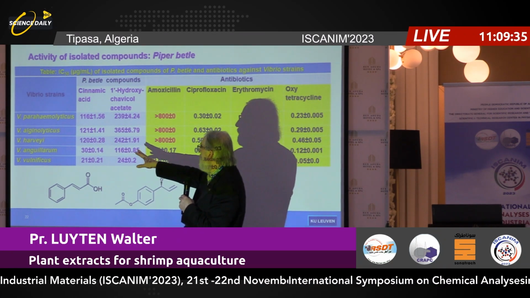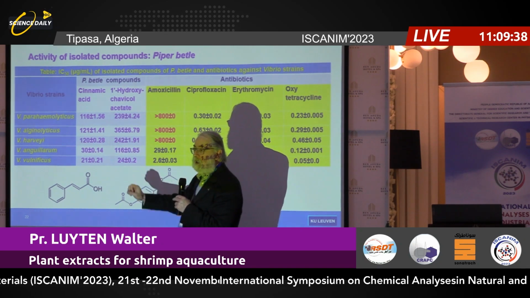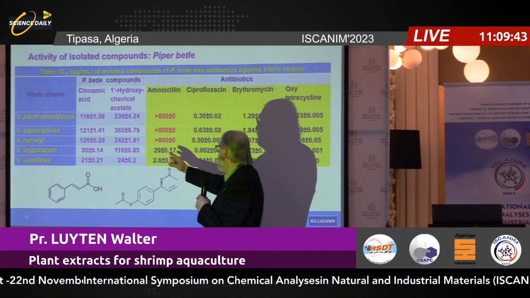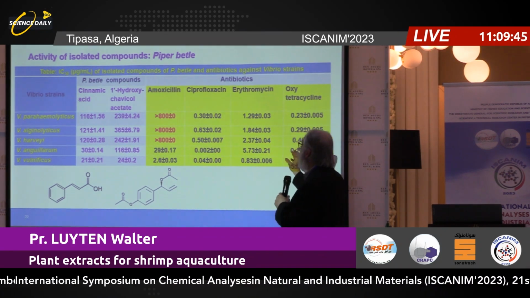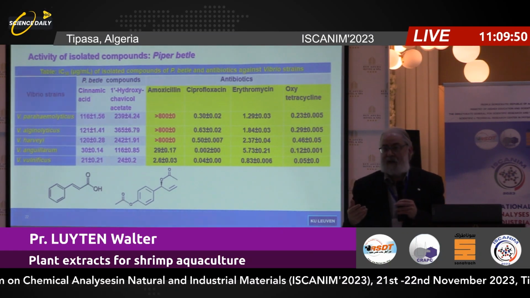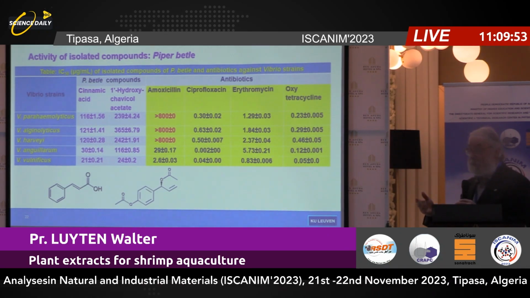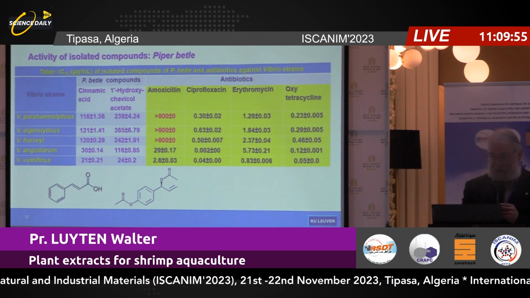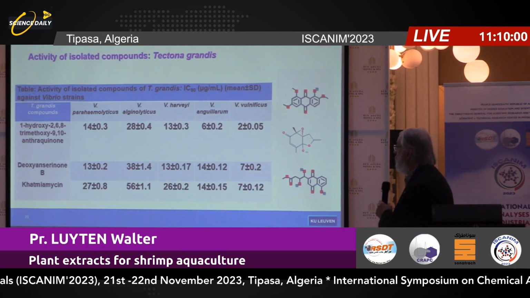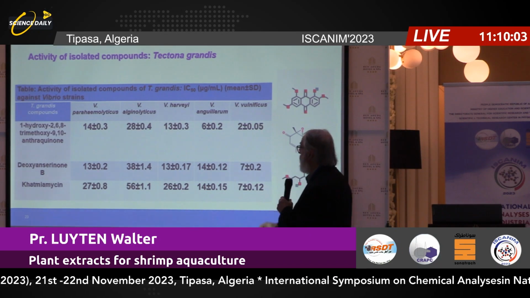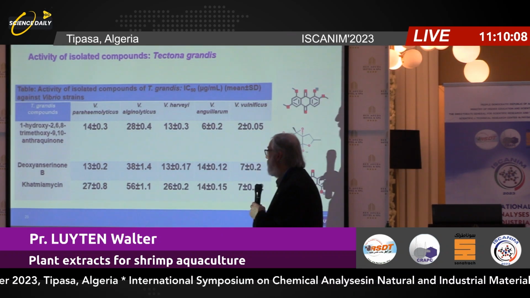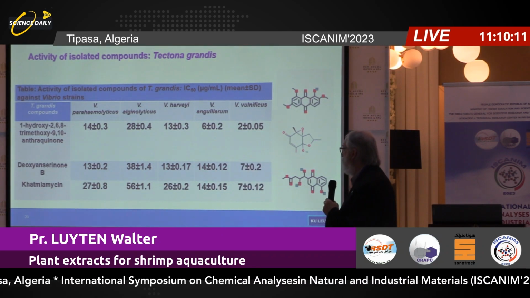But as you can see, the concentrations needed to obtain activity are quite a bit higher than what you typically see for commercially available human antibiotics. So it means that these compounds are considerably less potent than the antibiotics that are used for humans. In the case of Tectona grandis, the second plant, we identified 3 active compounds shown here with their chemical structures.